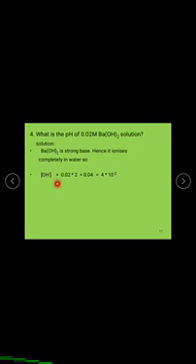That is, OH minus ion concentration equals 0.02 into 2, which is 0.04, equal to 4 into 10 to the power of minus 2. Once again, the number of OH minus ions into the given molarity of the solution gives the normality of the solution.